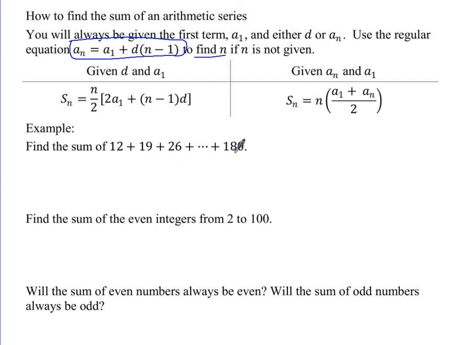So even though they didn't specifically say that we had the common difference, we now know that the common difference, d, equals 7. We also know the first term, which is a sub 1, which is 12. And they even gave us the last term, a sub n, which is 180.